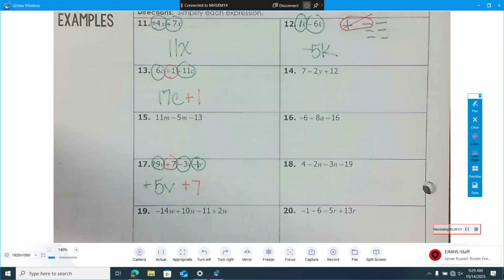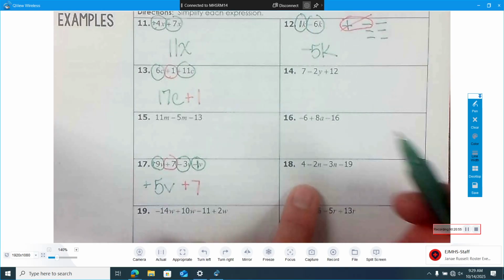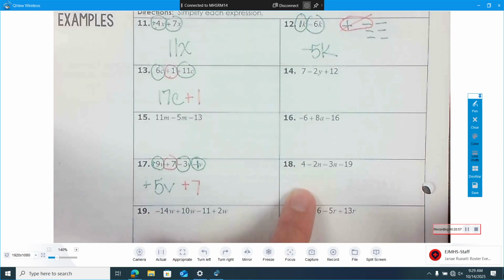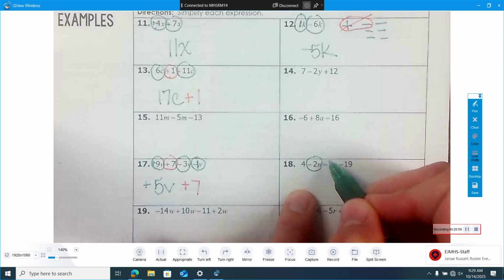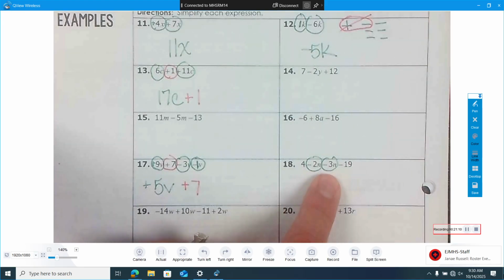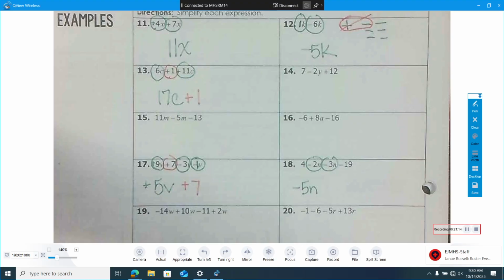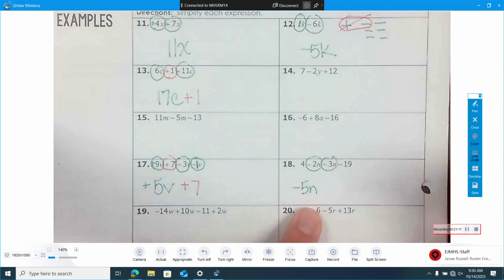Let's look at 18. My variable terms are... Good, -2n and -3n. I've got a bunch of negatives here. How many negatives are they? Yeah, we got 2 negatives and 3 negatives. That's going to make 5 negative n's. Now, constants.